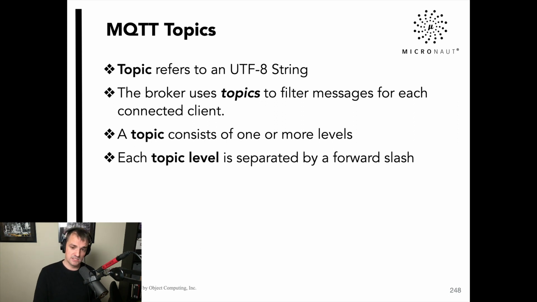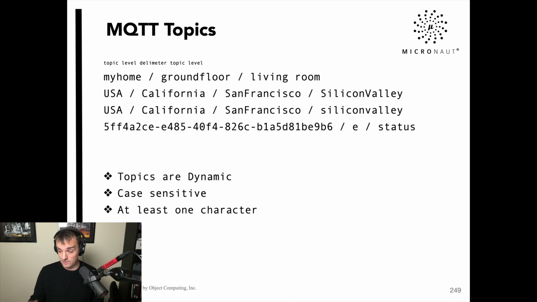A topic consists of multiple levels, separated by a forward slash, which we typically refer to as the delimiter. So here I have a topic with 3 levels. An important thing to know is that topics are case sensitive. So these 2 topics are different topics, and the minimum number of characters of each topic is 1.